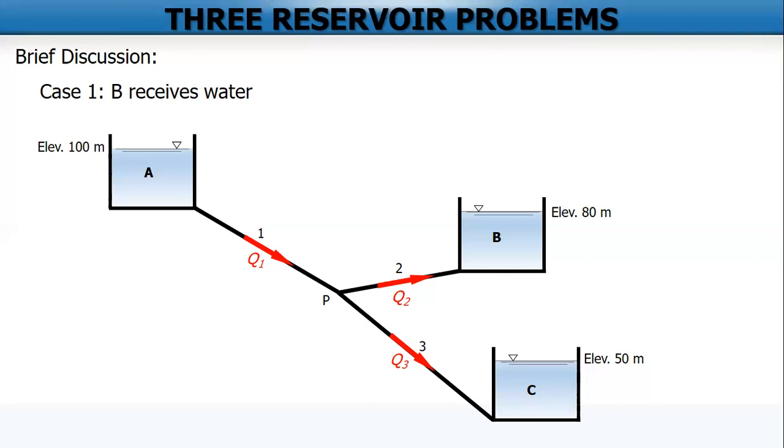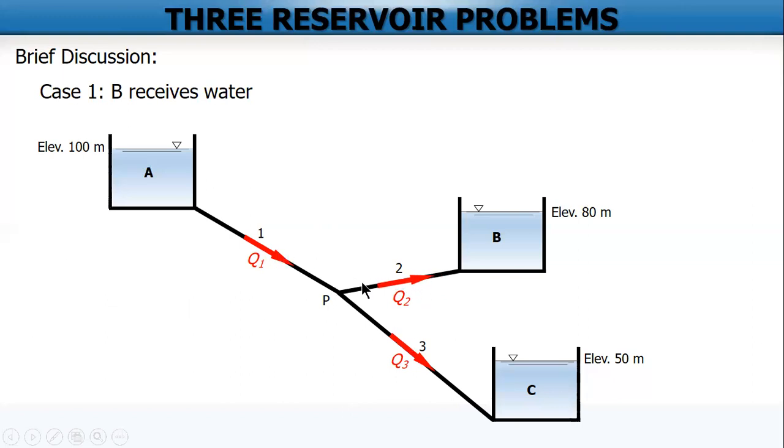If the flow is from left to right, then your hydraulic grade line will slope downward from left to right. Likewise, it slopes downward from right to left, depending on the direction of flow.